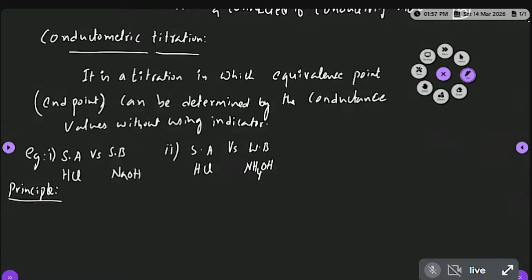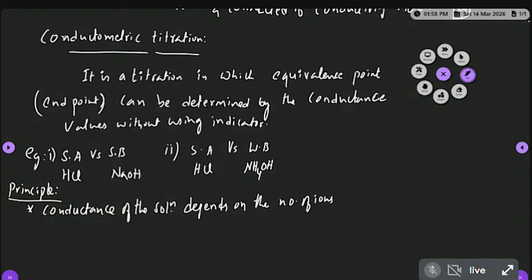See, the conductance of the solution depends on the number of ions and mobility of ions. Okay, the conductance of the solution depends on the number of ions and mobility of ions.